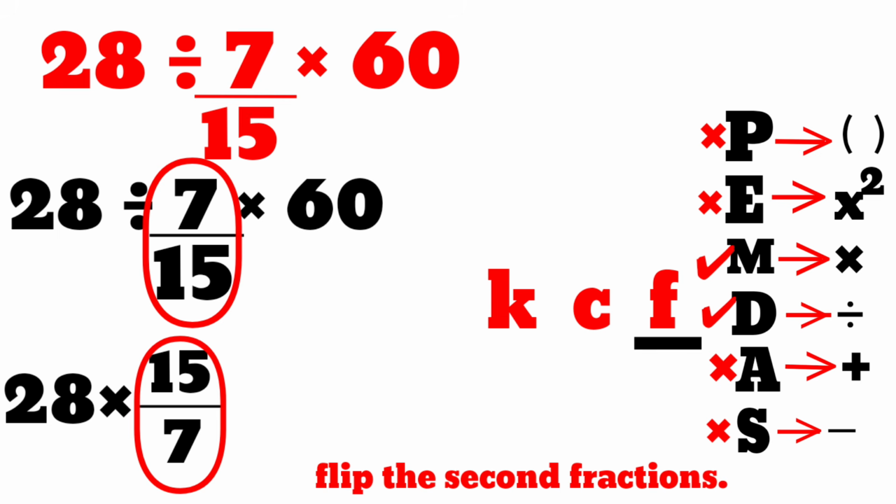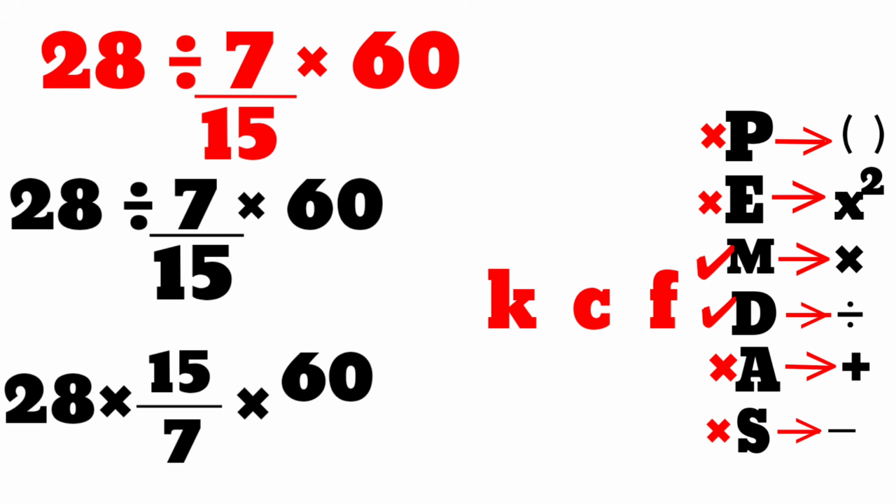F stands for flip the second fraction. Like this here, 7 upon 15, write its reciprocal, 15 upon 7. 28 times 15 upon 7 times 60.